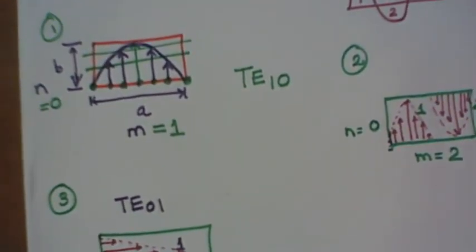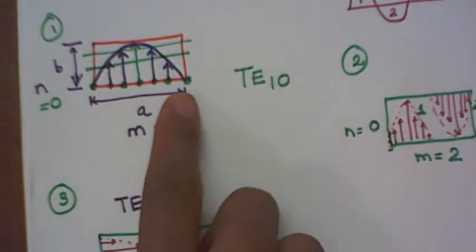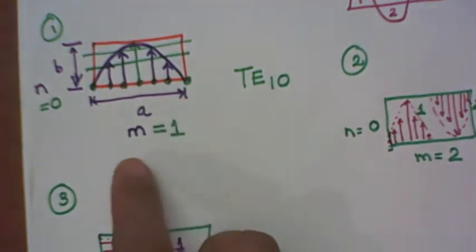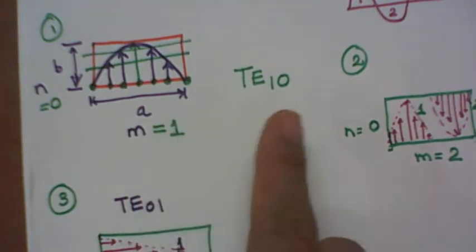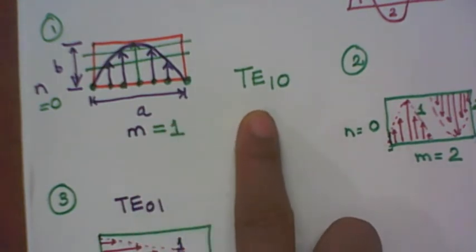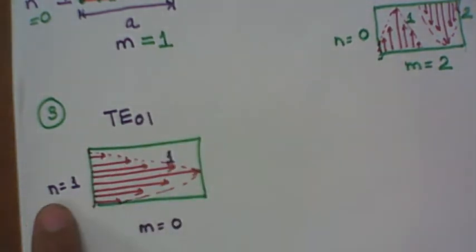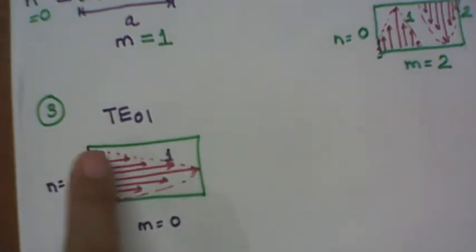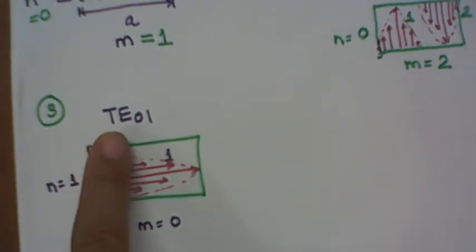In the first, there is a variation along the broader dimension, and because of the variation along broader dimension, you are finding out M equal to 1, and hence your mode is TE10. But in this case, you are finding out variation along the narrower dimension, and hence we represent it as TE01.